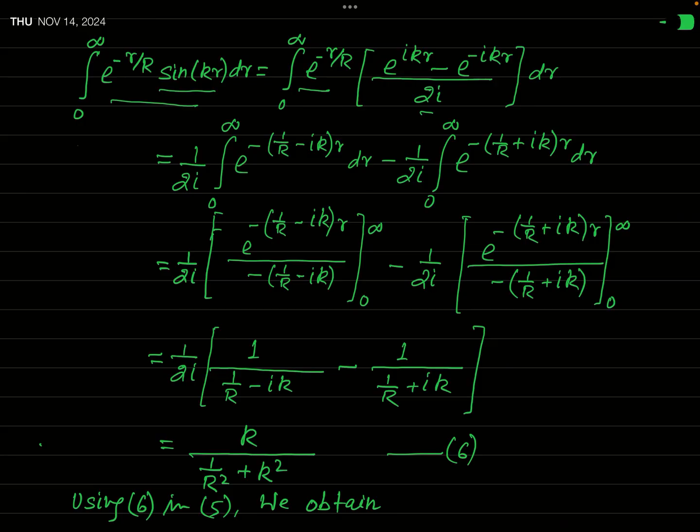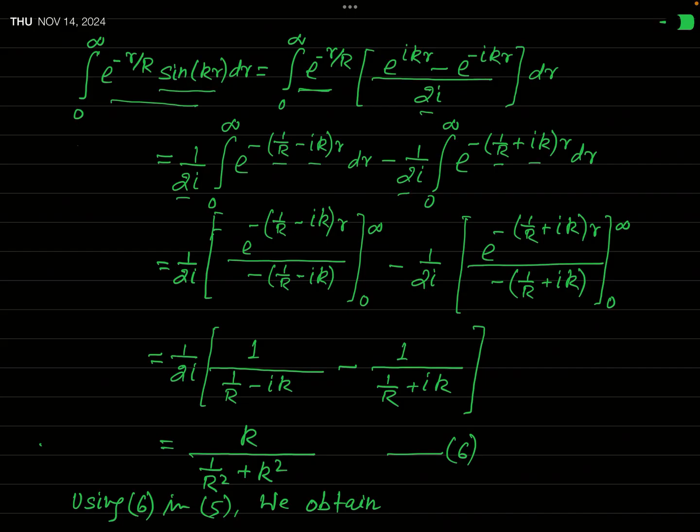Now let us multiply by this exponential factor e to the power minus r over R inside the square bracket. Our result will be 1 over 2i integral 0 to infinity e to the power minus (1/R minus iκ) r dr, and minus 1 over 2i integral 0 to infinity e to the power minus (1/R plus iκ) r dr.